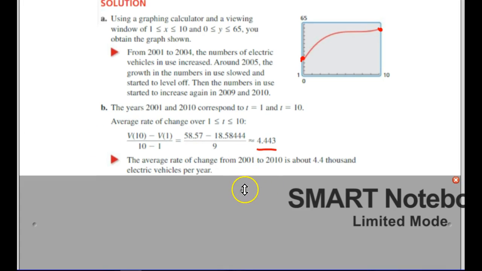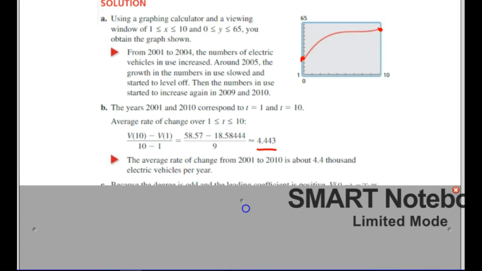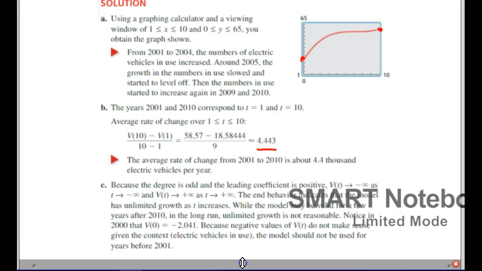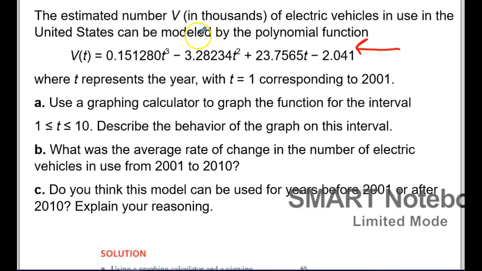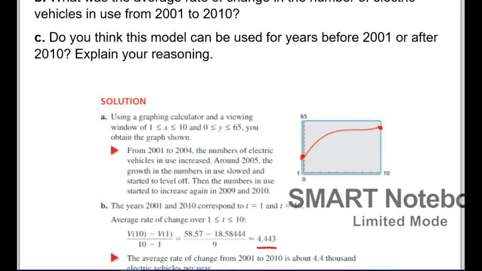And then for C, I want to talk about, can I use this model continuing forward? Well, I kind of can. Since my degree is odd, and we can see up here that the degree was odd, and the leading coefficient is positive, my end behavior as I go further and further to the right will continue to go towards infinity.